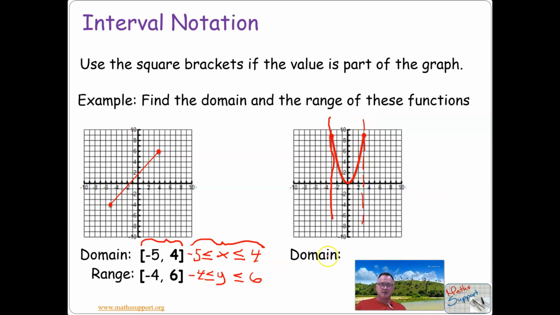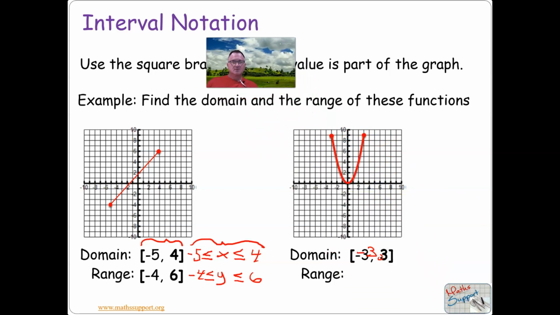That's my domain. And those numbers are included, so I'm going to use my square brackets. Then my range is going to be from 0. Everything on this graph, all the y values are greater than or equal to 0. So I'm going to have bracket 0, and then the highest y value, since those are solid dots, is 9.